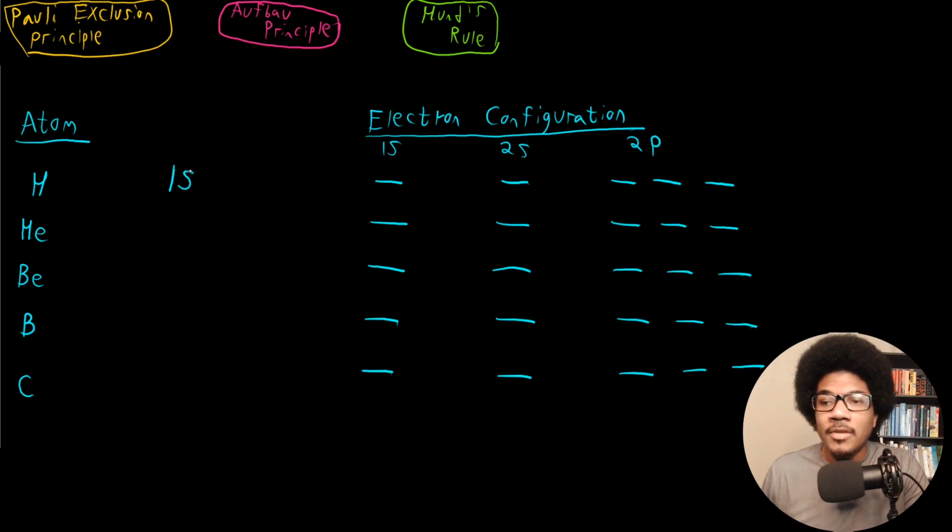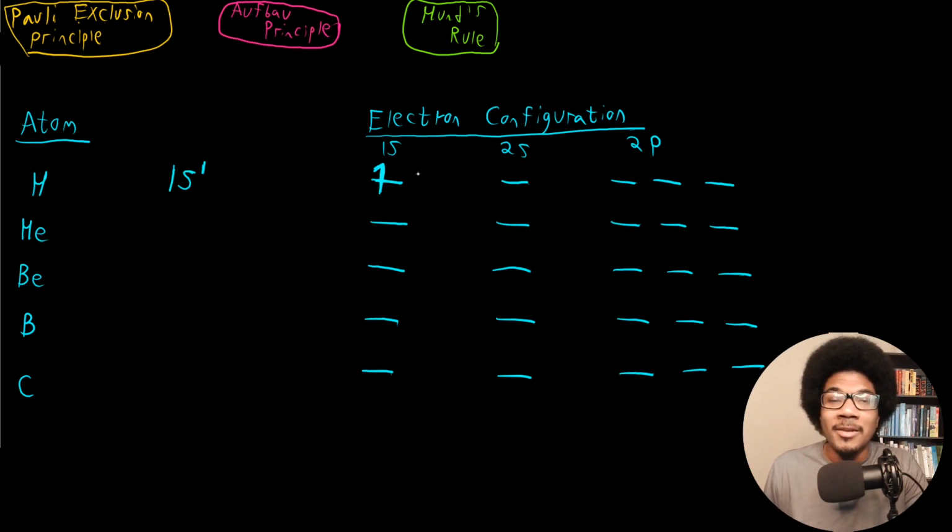We write out these electron configurations by putting the number of electrons in that orbital as an exponent. So for hydrogen, its electron configuration is 1s1. And I'm going to place an electron in the form of an arrow in this table. So I'm going to put 1 electron that's pointing up.